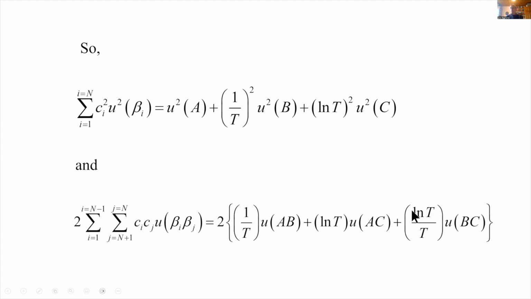And finally, the product of the differentials with respect to b and c. Differential with respect to b is 1 upon t. This ln t comes from the differential with respect to c, and this is the covariance of b and c.